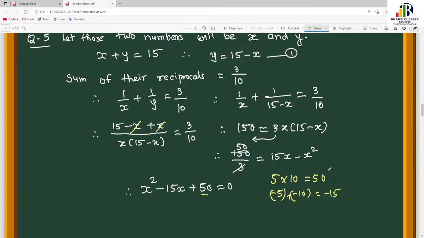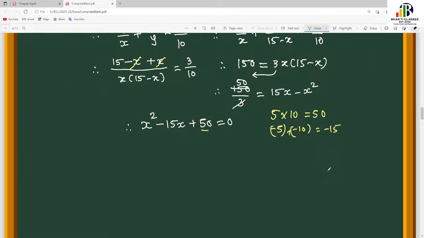That is the middle term. So let us split the middle term over here. It is x square minus 5x minus 10x plus 50 is equal to 0.